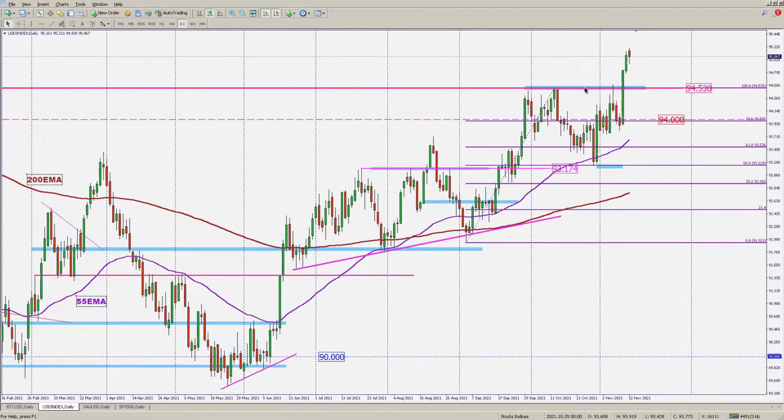Okay, so after the previous week where it could not break through this multiple resistance area at 94.53, it pulled back, and after a couple of days of pullback, it did not close below this swing low here.